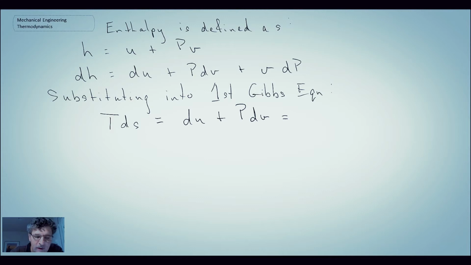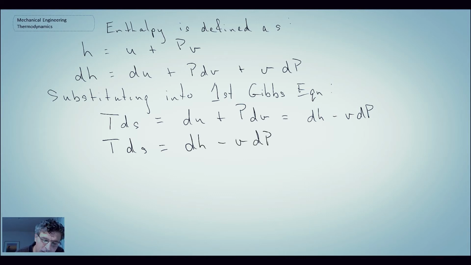Now what we can do is we substitute in our enthalpy term. And we will call this the second Gibbs equation.